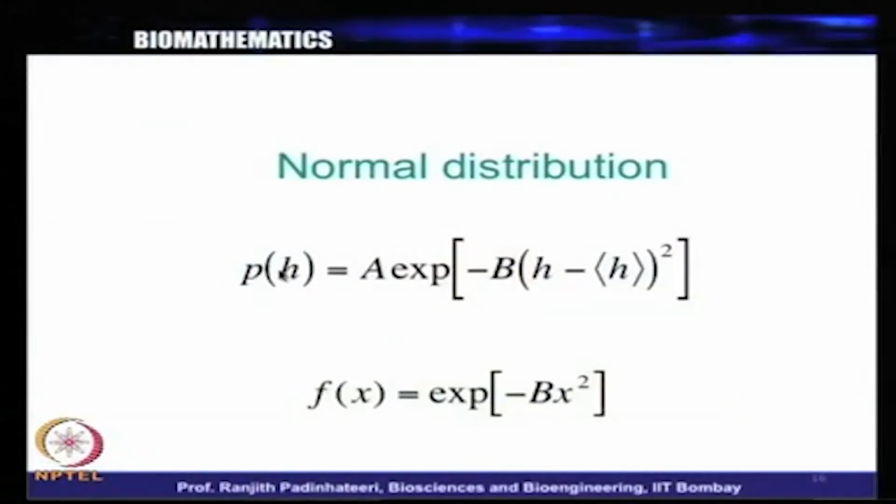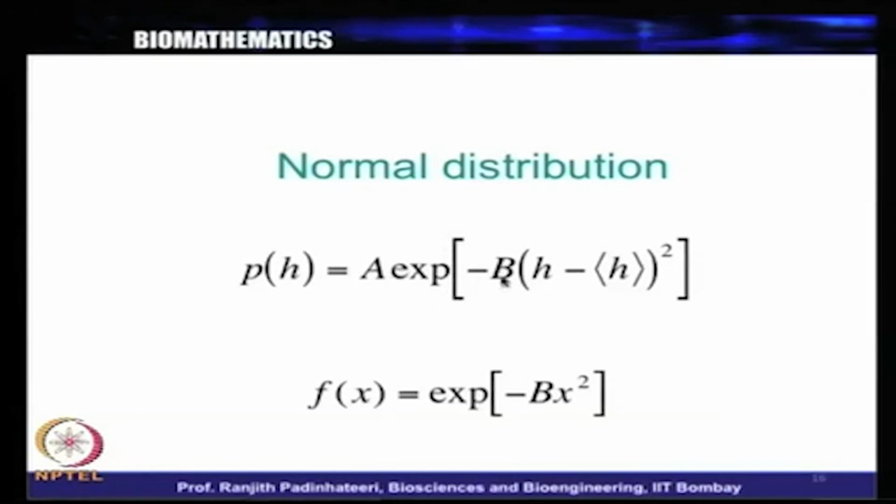The shape of this normal distribution can be written mathematically in this particular form. Look here: p of h is equal to a exponential of some constant b into (h minus h average) whole square. This is the mathematical formula for a normal distribution, where a and b are some constants.